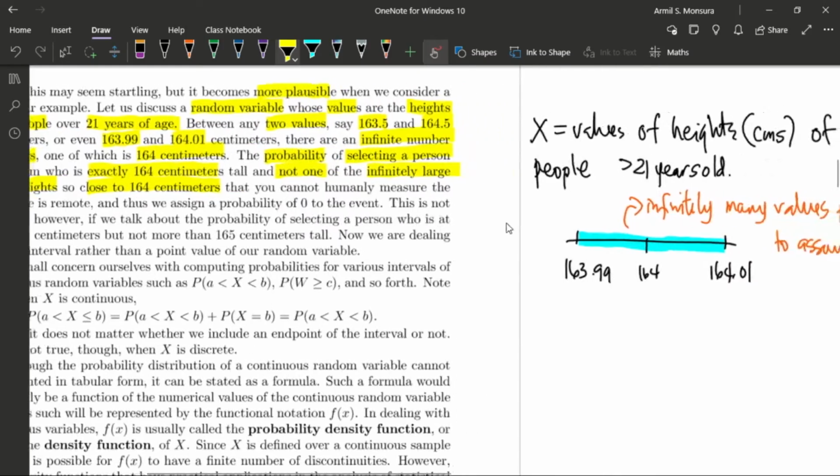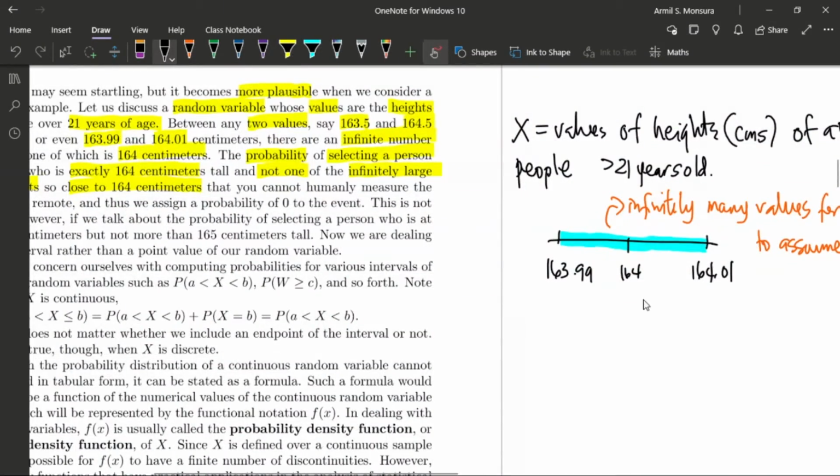Okay? That is, mahirapan ka maghanap ng tao na ang height ay eksaktong 164 centimeters at mapapatunayan mo na talagang ang height niya ay 164 centimeters. Okay? Hindi 163, for example. Pag sinabi mo ang height niya ay 164 centimeters, hindi ito 163.5, for example.